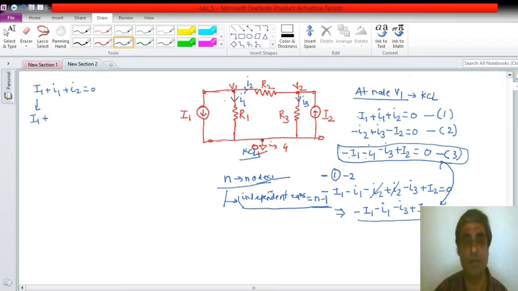It will be V1 upon R1, right? V1 upon R1 by applying Ohm's law. What will be I2? Now I2 will be this. So what will be the Ohm's law? It will be the potential difference between the two nodes V1 and V2 divided by that resistor, right? So it will be V1 minus V2 upon R2, which will be equal to 0.